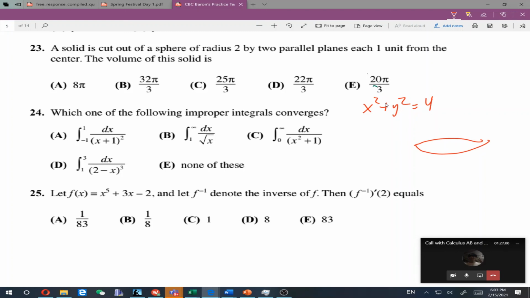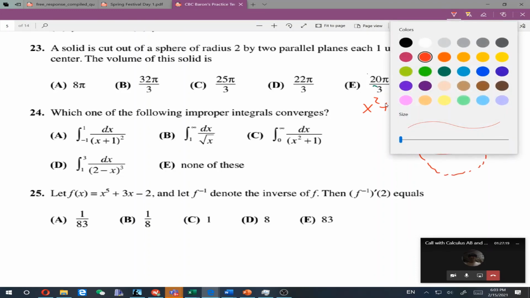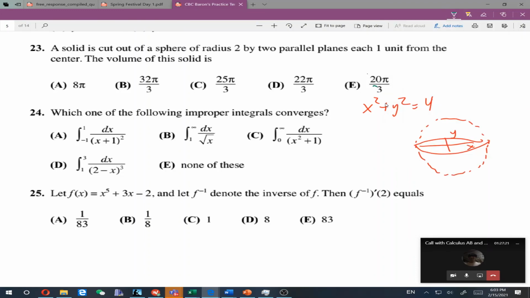This circle has an x and a y plane, right? Okay. And then for our greater sphere, I'm going to cut two planes that we want to be able to spin. That would look like this.